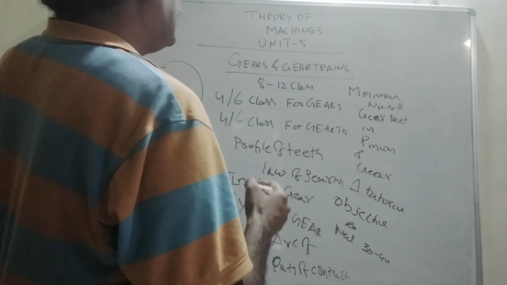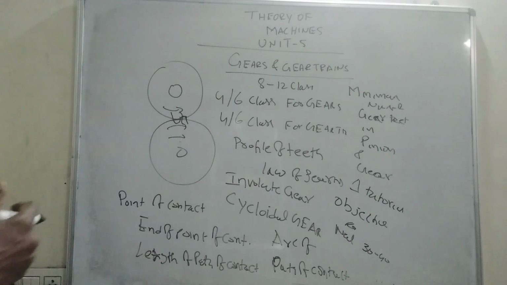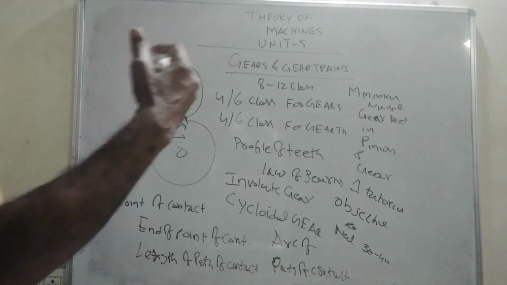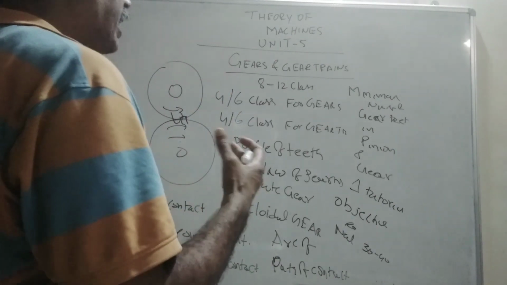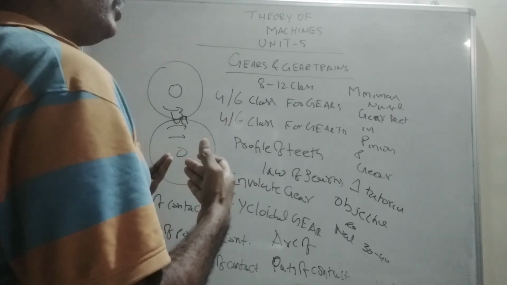The second part is gear trains. To attain different speeds for the automobile, the gears need to be shifted. The contact gear should be shifted.